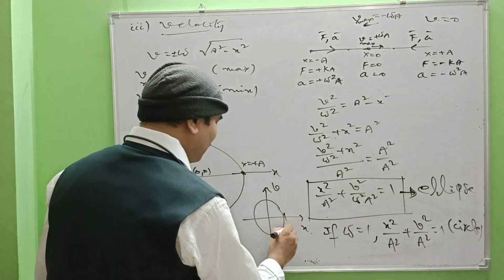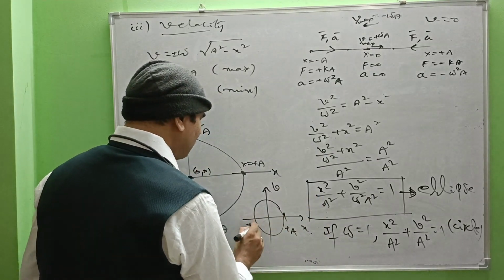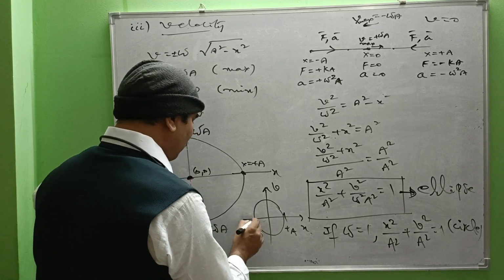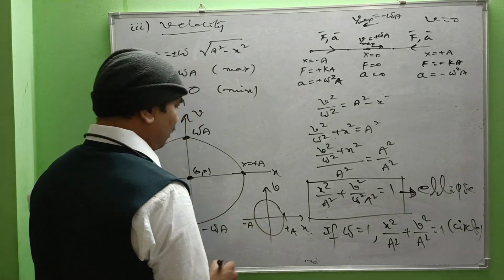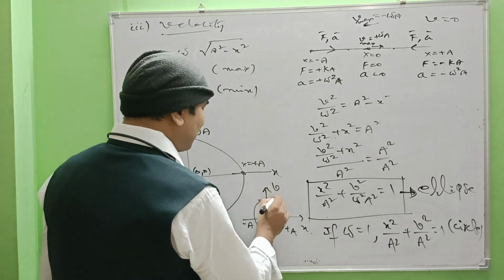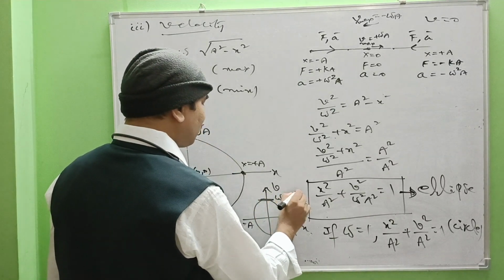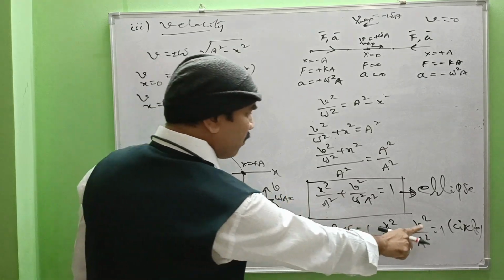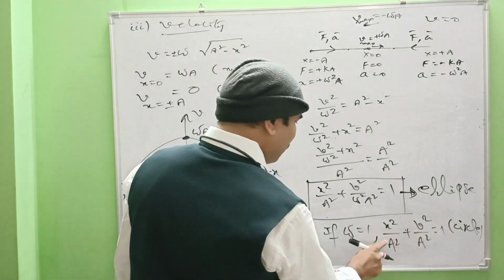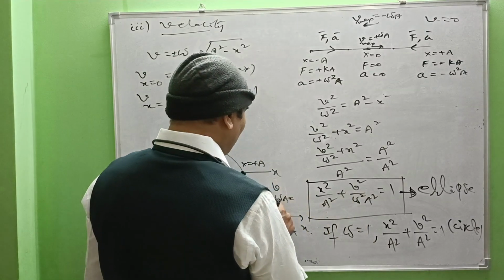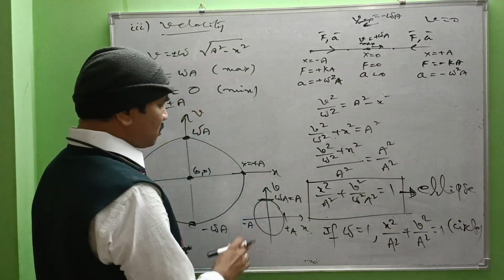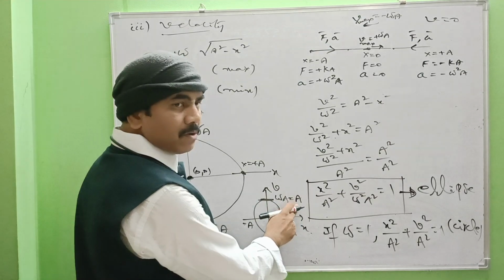Now this is plus a, this is minus a, x equal to minus a. Now what is the maximum speed here? V max equal to omega a. What is omega? Omega equal to 1. In case of a circle, omega becomes 1. That is 1 into a, that is a. So velocity is also numerically equal to amplitude.